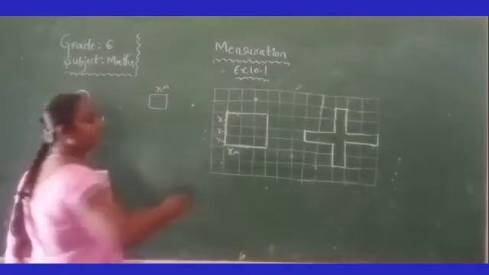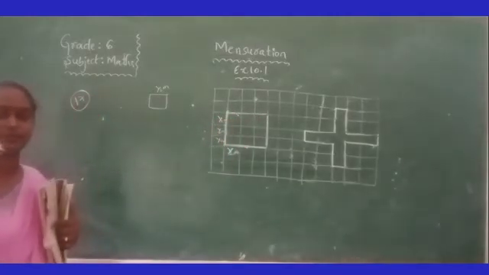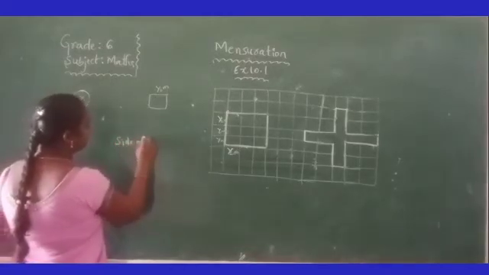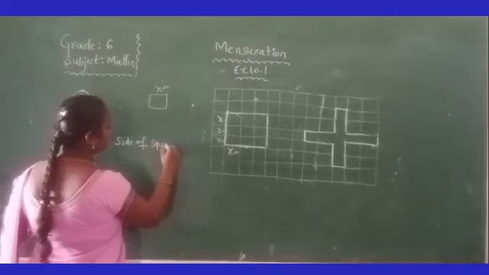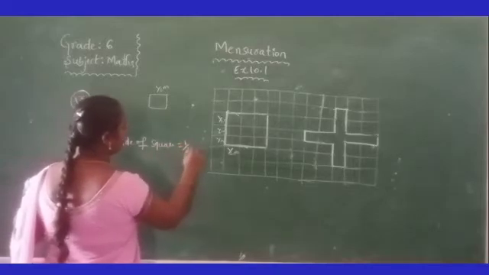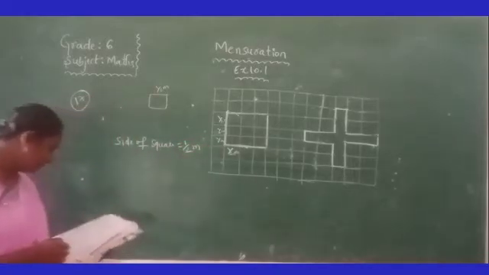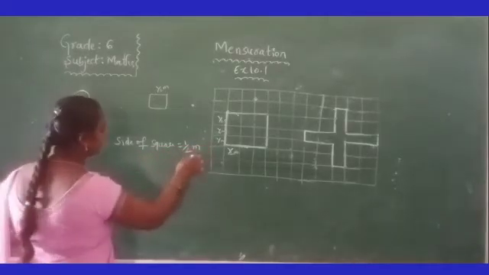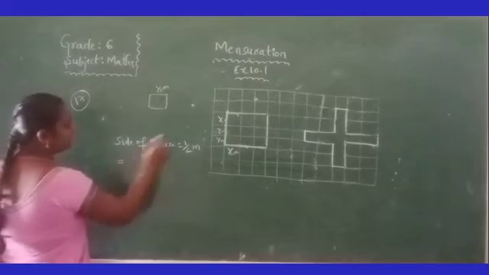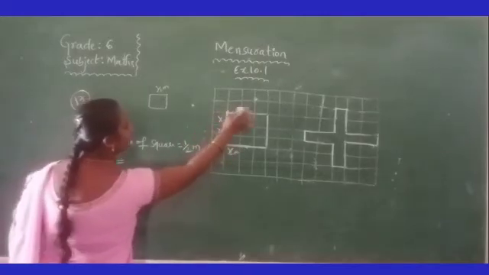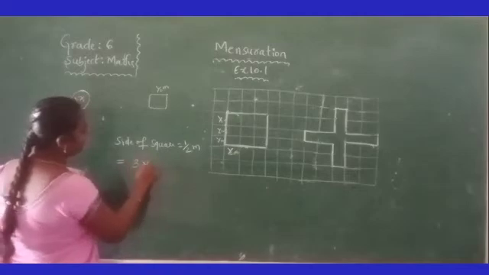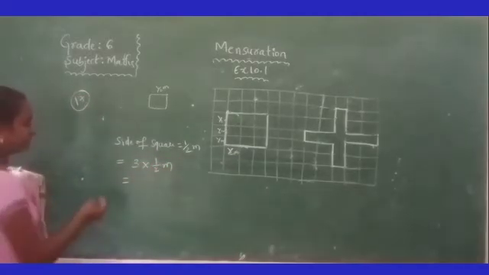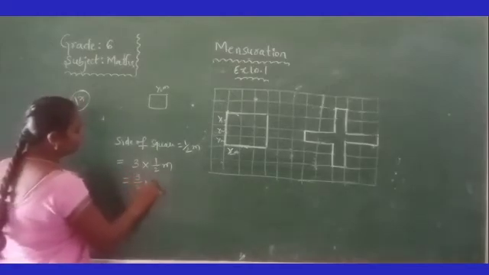Perimeter of a square is nothing but 4 into side. So first we will write here: side of the square paving slab is half meter. Here we have 3 sides, 1, 2, 3. Now I am finding 3 into each side, which is half meters. You will get 3/2 meters.